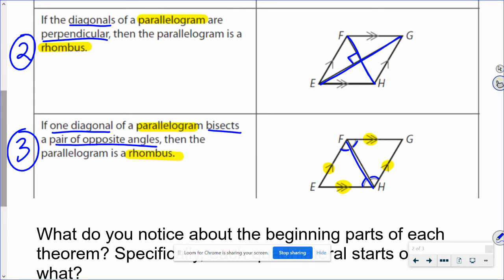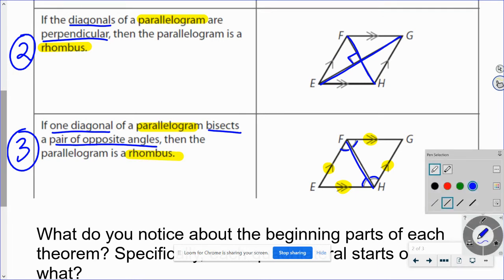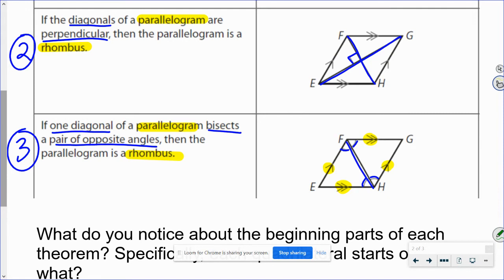Then you've got a rhombus. So for example, maybe if this is 50 and this is 50 and opposite angles are equal, so that would be 50 and that would be 50. If you see that going on with just one diagonal and it's already a parallelogram, you've got a rhombus, because that's true of all rhombus's angles. Opposite angles are always bisected.